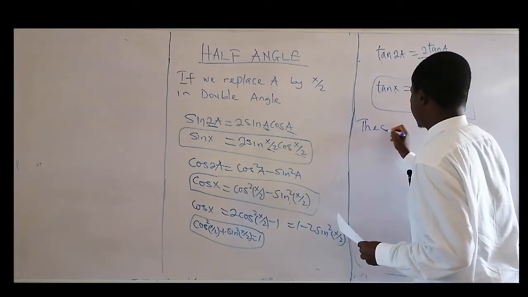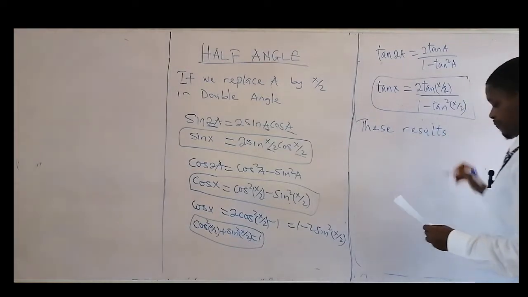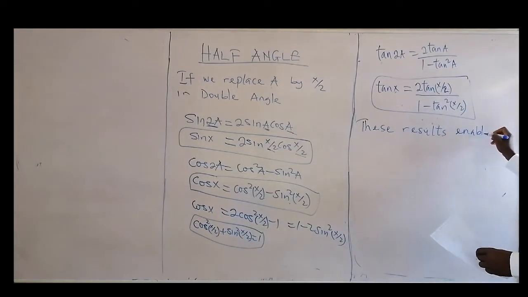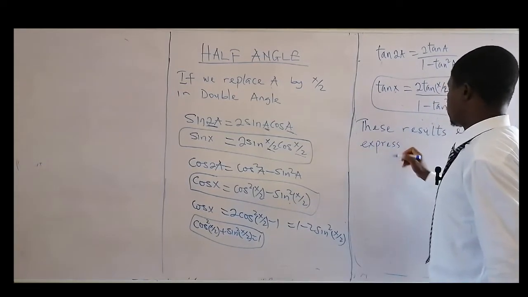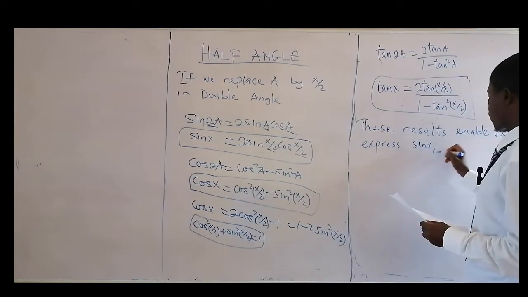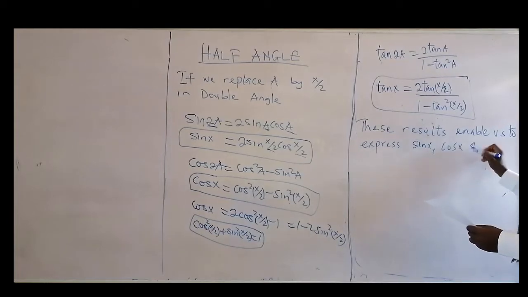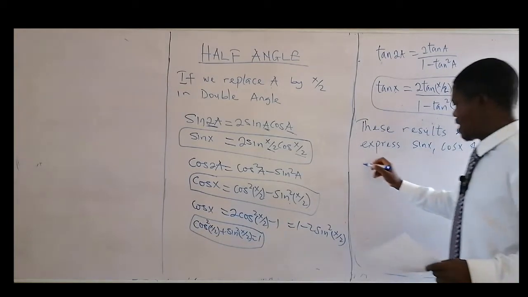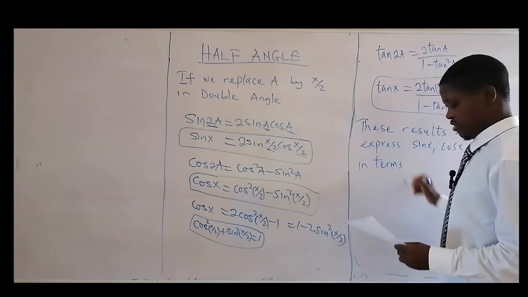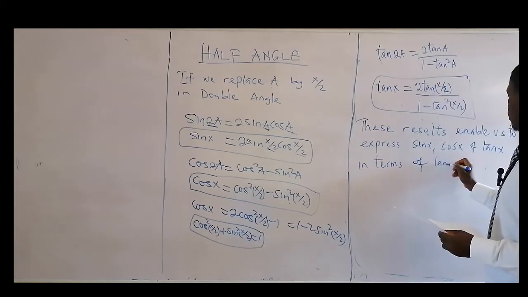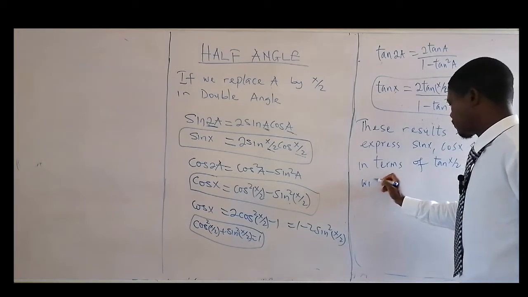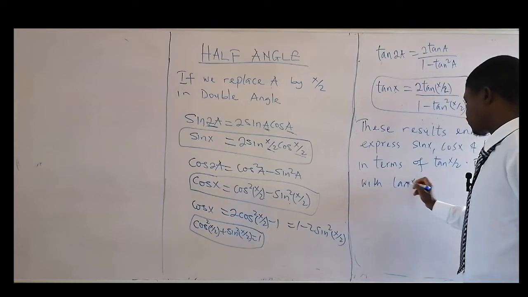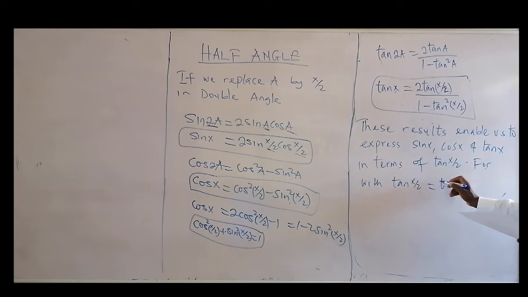This result enables us to express sin x, cos x, and tan x in terms of tan x over 2, with tan x over 2 equal to t.